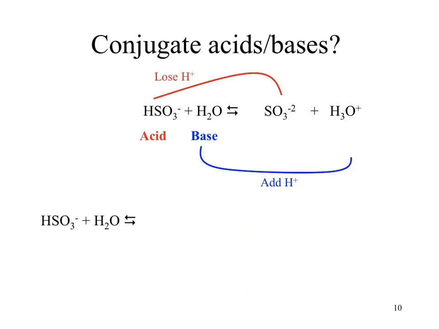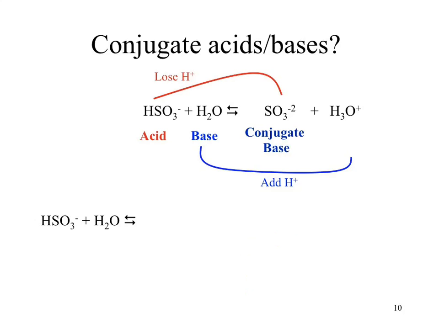Okay? We're going to take it a step further. SO3 2- would act as what to go the reverse direction, as an acid or as a base? It would have to act as a base because it needs to accept that hydrogen to become HSO3-. Right? So we know that that is the conjugate base in our reaction.